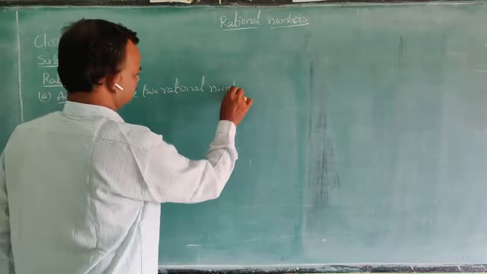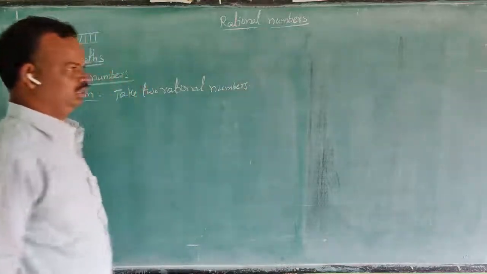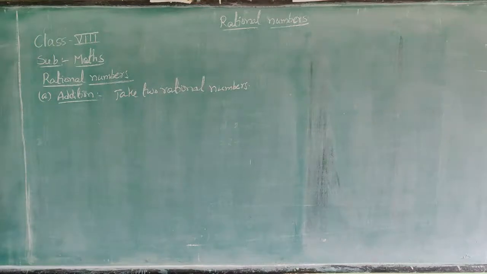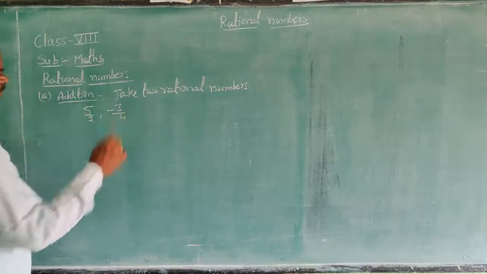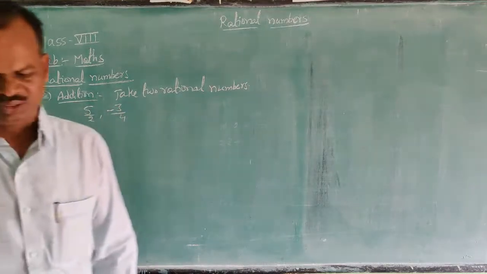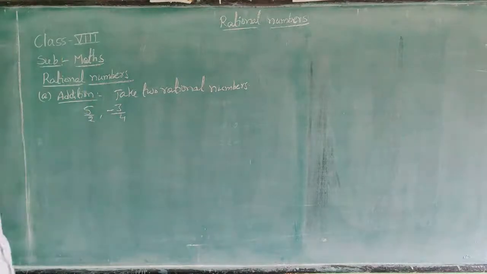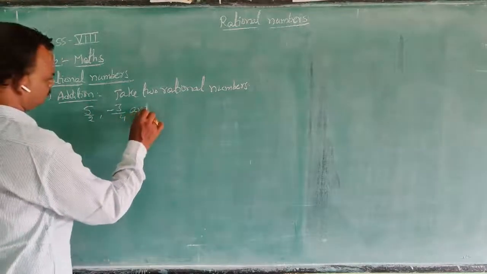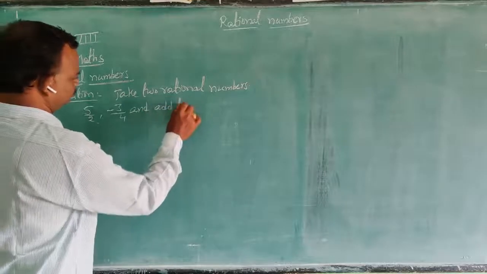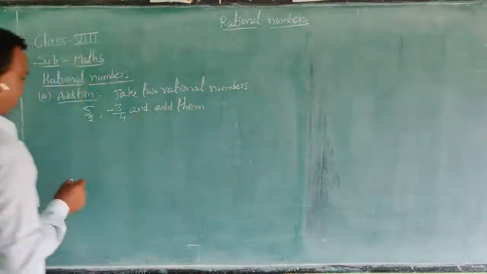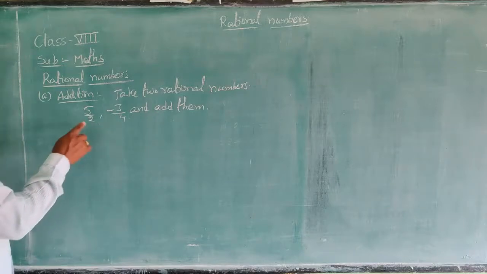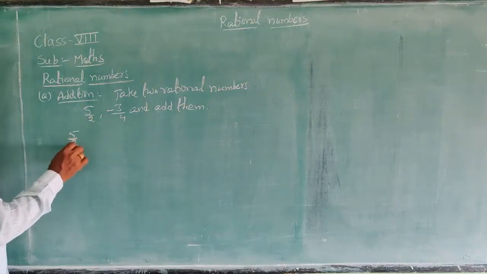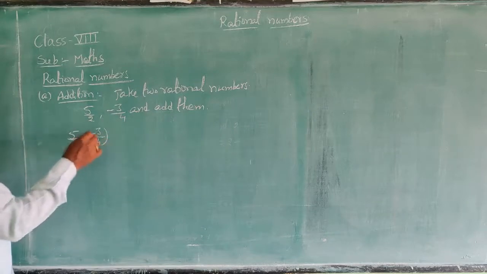Rational numbers. Here they are taking 5 by 2 and minus 3 by 4 and adding them. That means we check whether addition is commutative or not. A plus B, that means we are adding 5 by 2 plus minus 3 by 4.